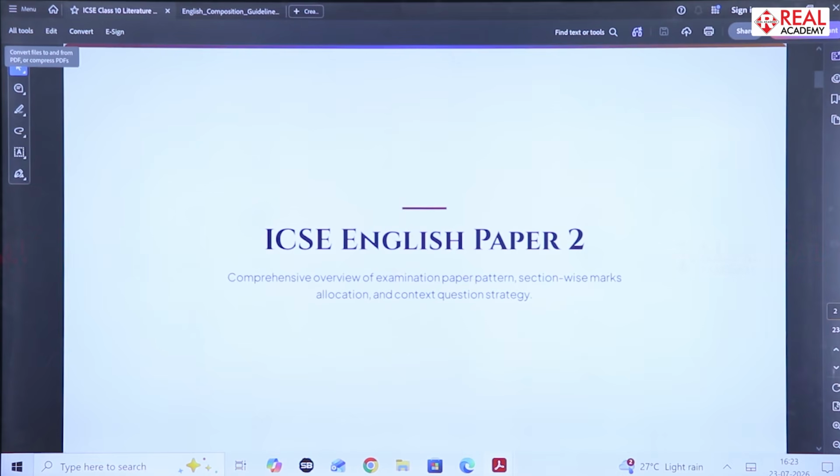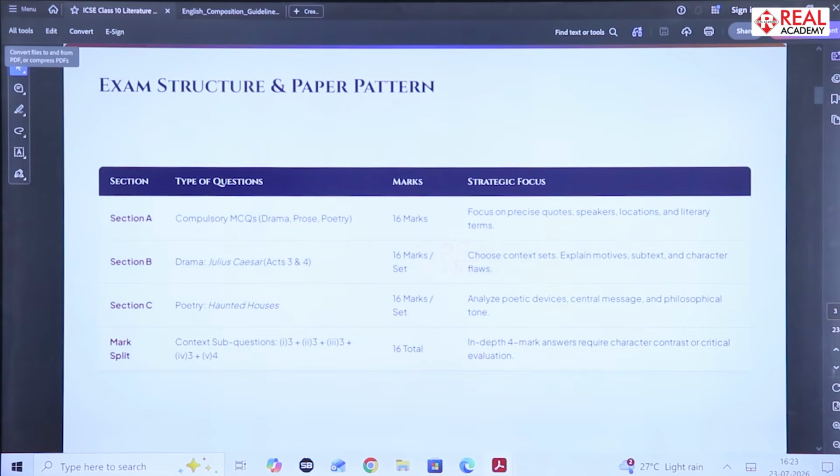The first thing that we need to understand is the ICSE English Paper 2, that is the literature paper. It is a comprehensive overview of the examination paper pattern, section wise mark allocations, and context question strategy. This is the exam structure and the paper pattern.